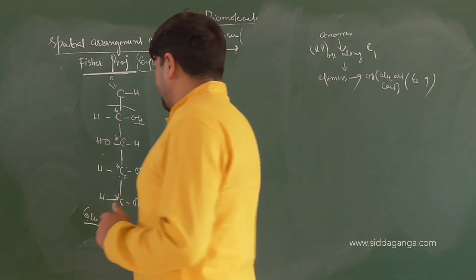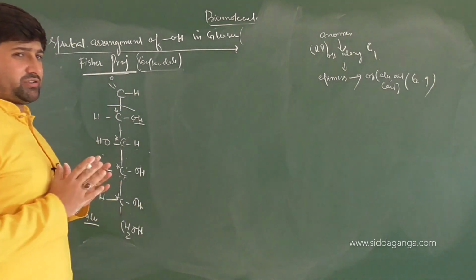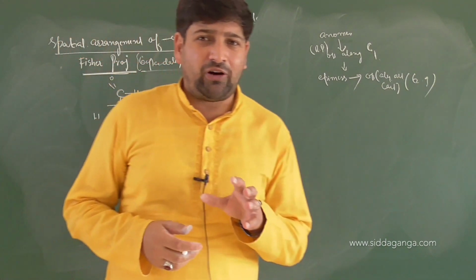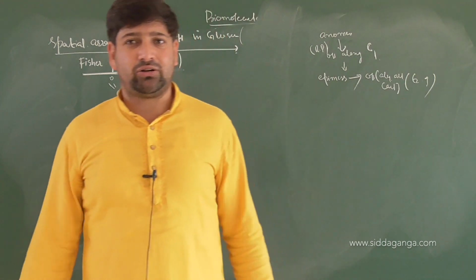Now this is important because when you look at the structures of glucose, the structures of monosaccharides, they will not be found in the open form in nature at all.